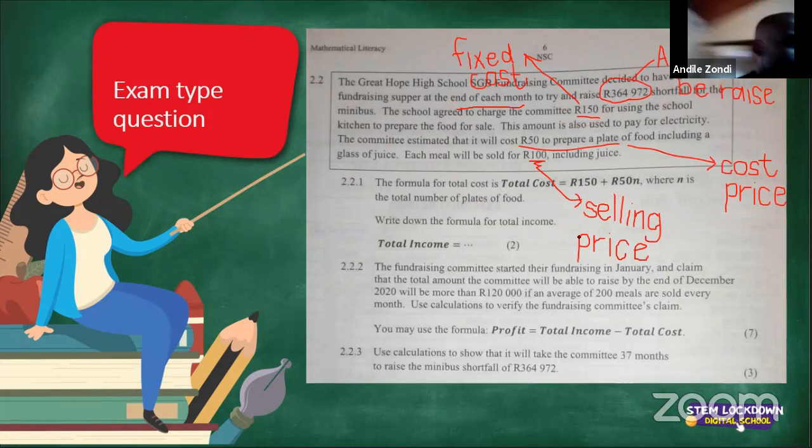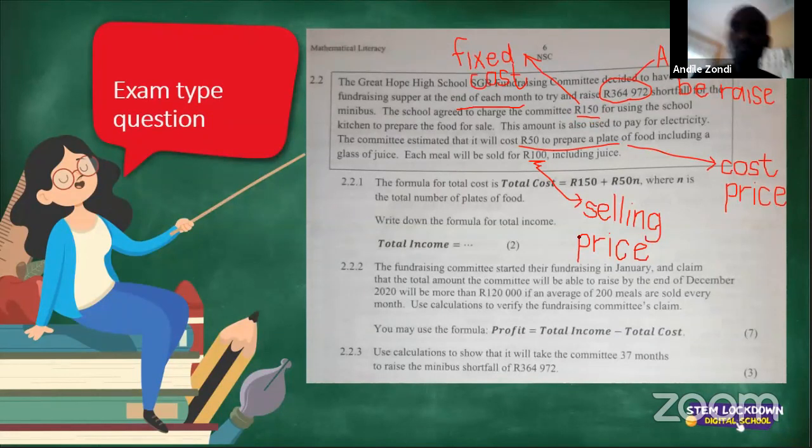2.2.1. Okay, it says the formula to calculate cost is total cost is equal to 150 plus 50 times n. Obviously, we've discussed what the 150 stands for.